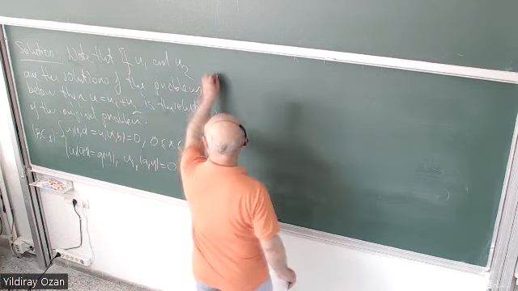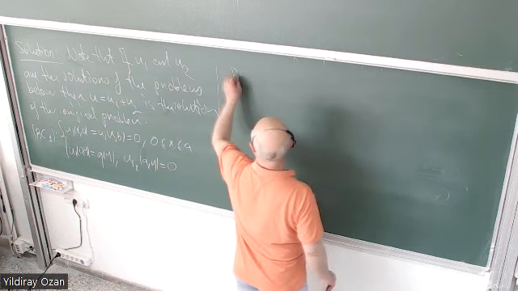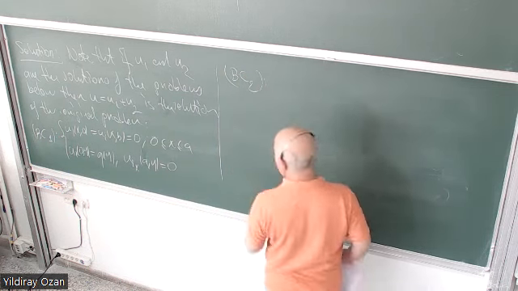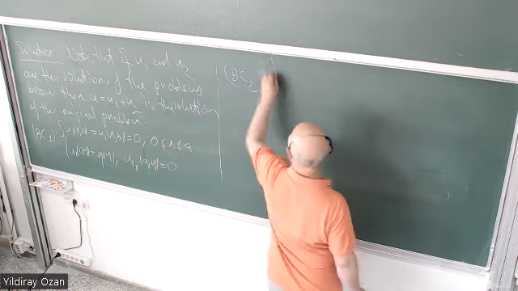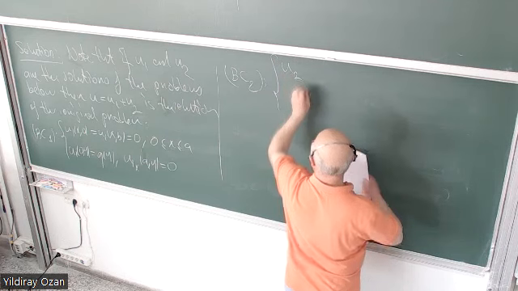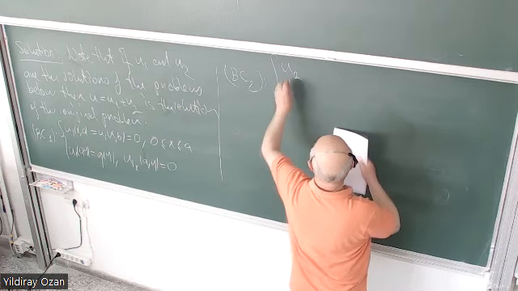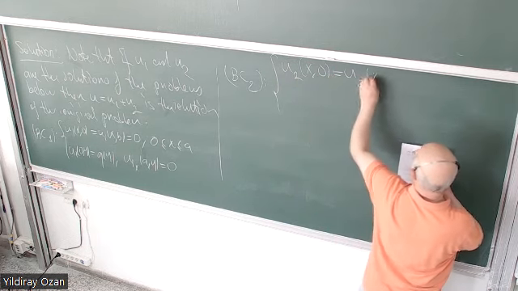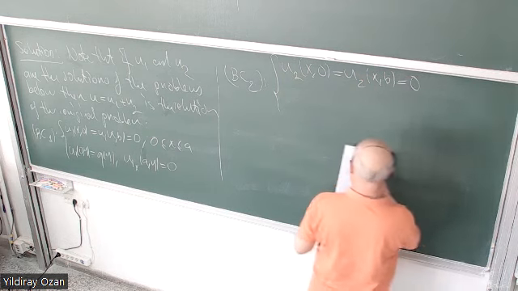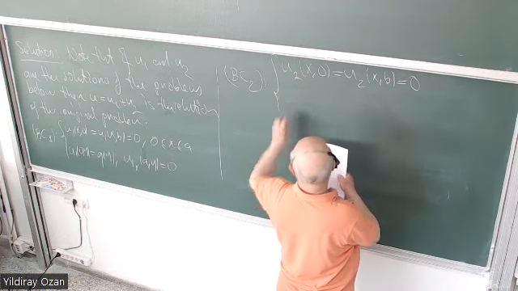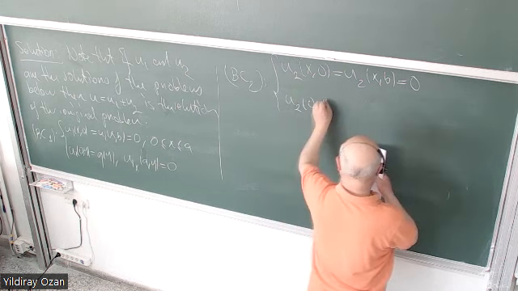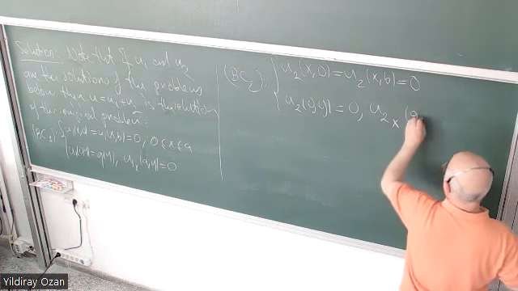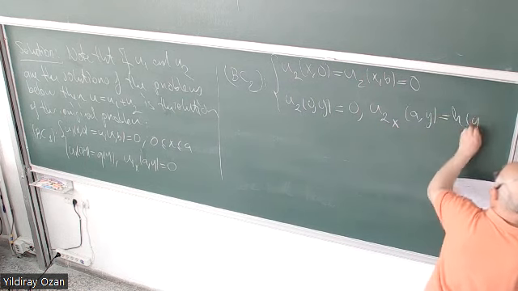This is the first problem, and the second problem satisfies the same differential equation, and u2 at x0 and xb are again 0, u2(0,y) equals 0, but u2 sub x at (a,y) is just h of y.